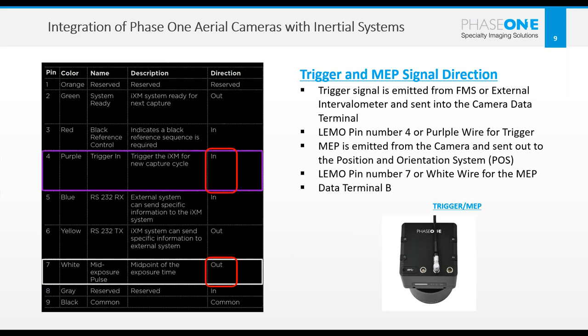I have not included, of course, the grounding of this circuit for simplicity. But you can see that the last two pins, 9 and 8, black and gray, are the ones to be connected to the common. So you have a complete trigger system with mid-exposure pulse returning that can be connected to terminal B of the IXM or the IXU camera.